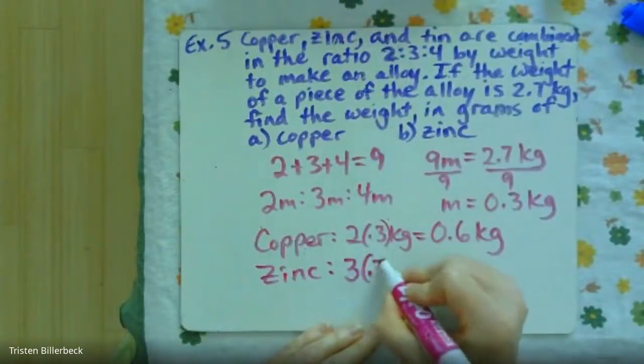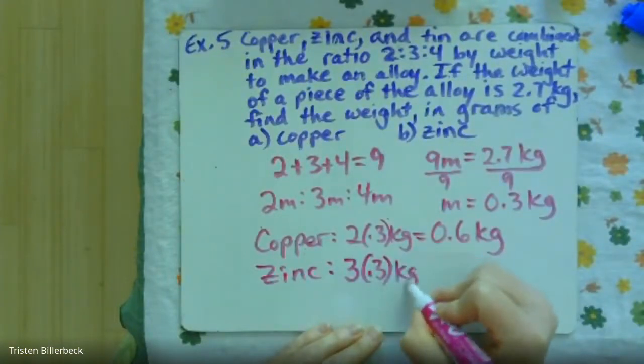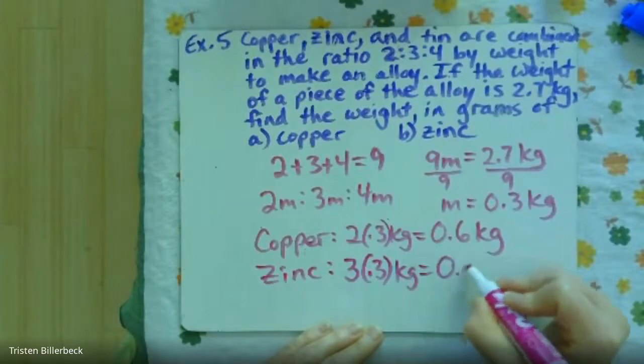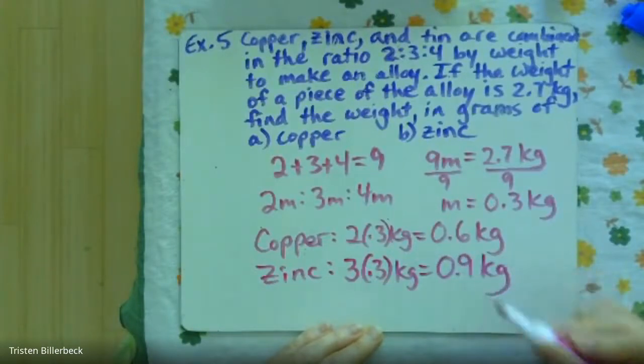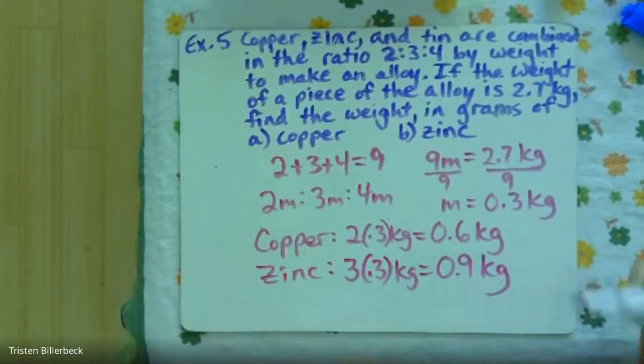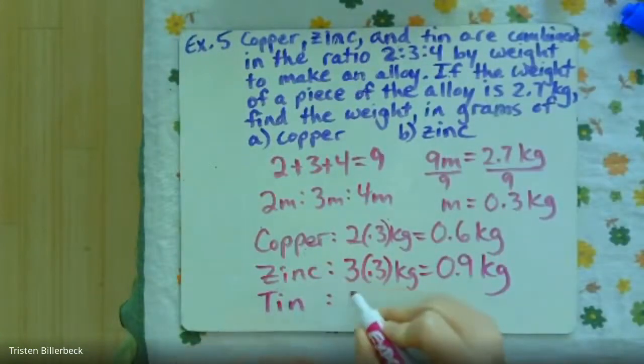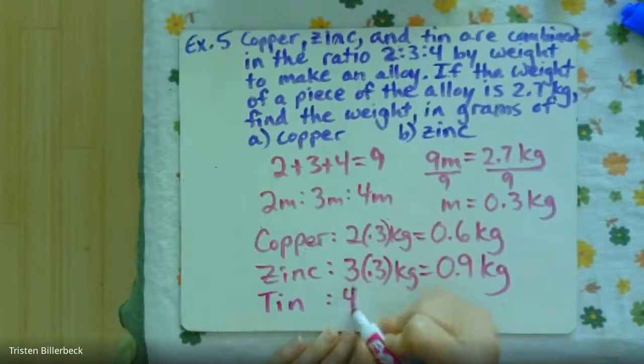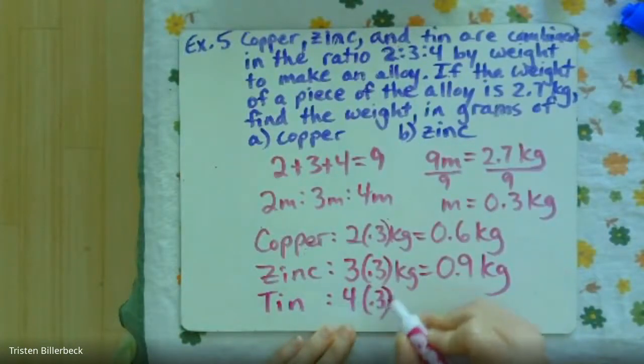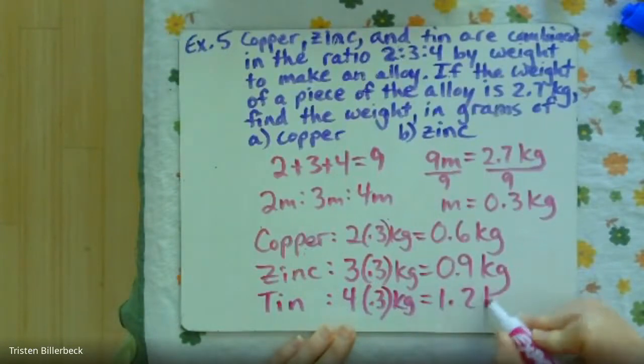So 3 times 0.3, and we're going to be in kilograms, is 0.9 kilograms. Now they didn't ask, but if we wanted to find the tin, we could do the same thing. So the tin is 4 times 0.3 kilograms, and that's going to be 1.2 kilograms.